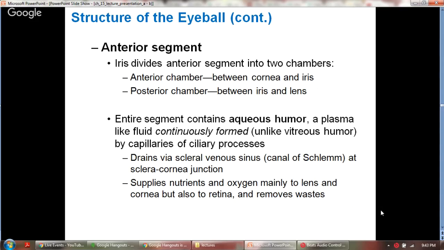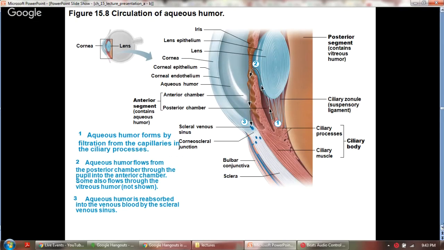It supplies nutrients and oxygen mainly to the lens and cornea, but also to the retina, and functions in removing waste. In this figure you would see the aqueous humor forms by filtration in the capillaries, the process of circulation of the aqueous humor, and the steps involved.